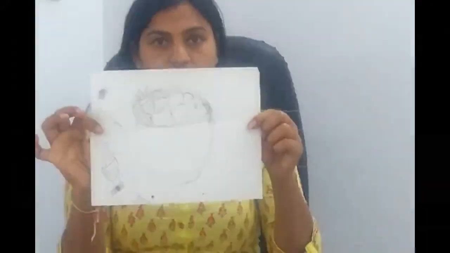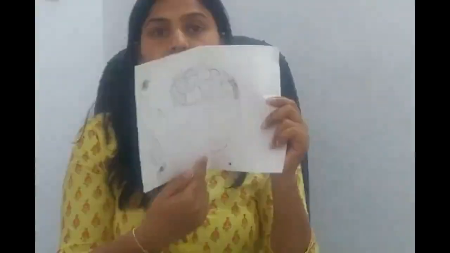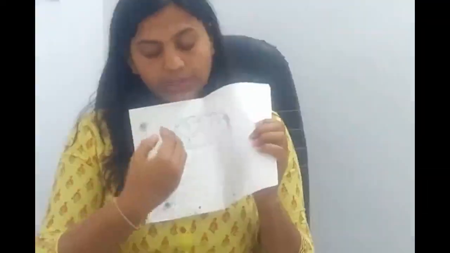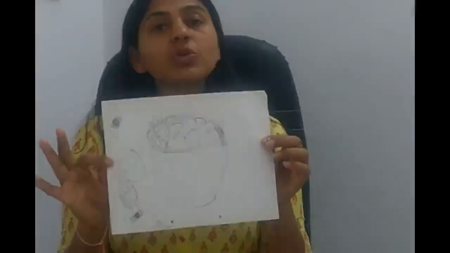Let me take another example of this drawing. This sheet. So when I half fold it, what comes? See. Can you see? Now, this side is not exactly the same as the other side. So, this means that this is also not in symmetry.